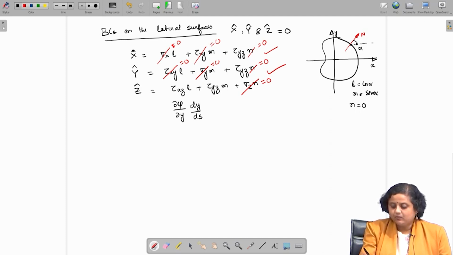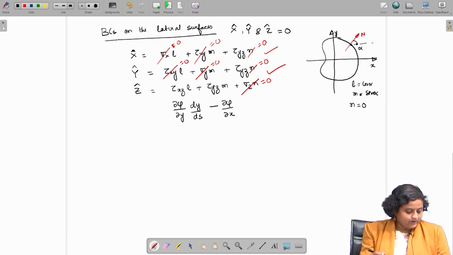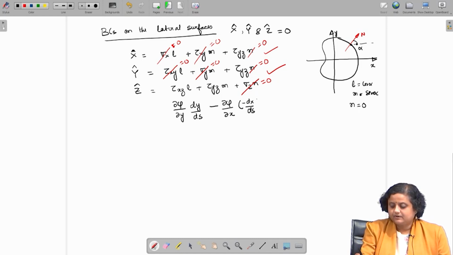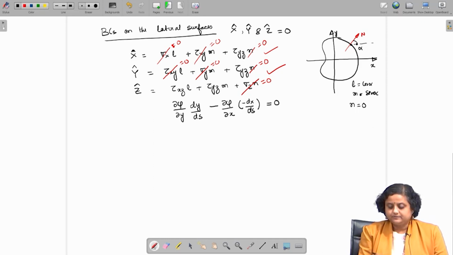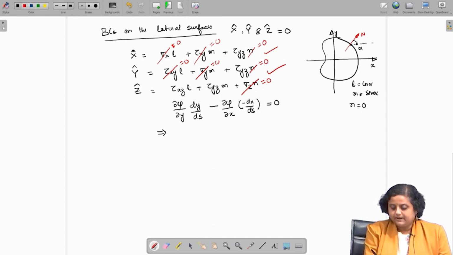Similarly, sigma y z is minus del phi by del x, and m is going to be minus dx by ds, and that has to be equal to 0 for the boundary condition to be satisfied, which implies that d phi by ds is equal to 0.